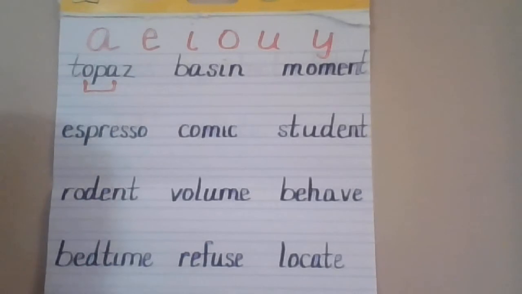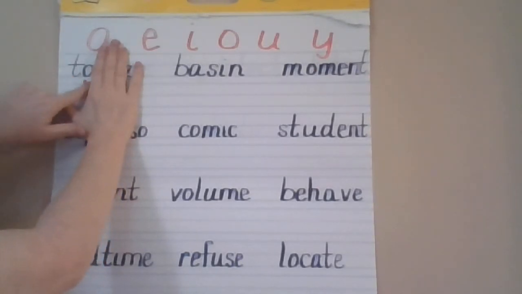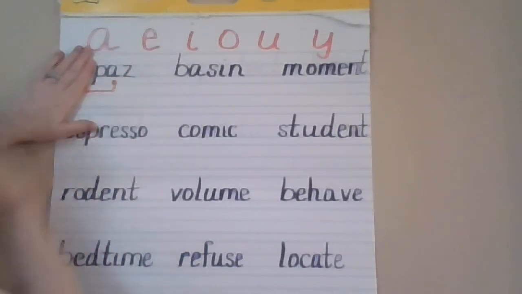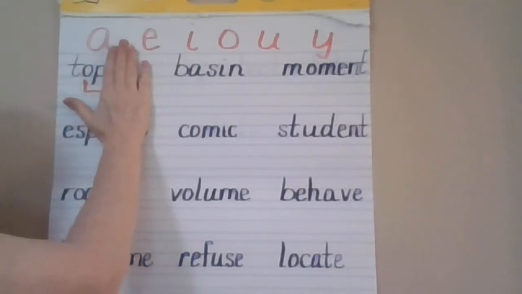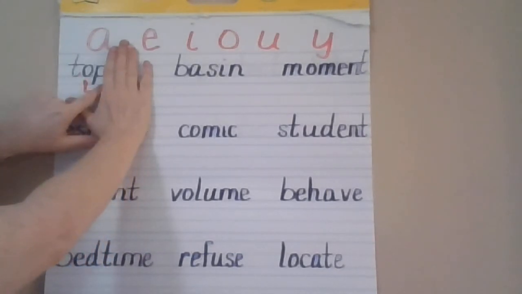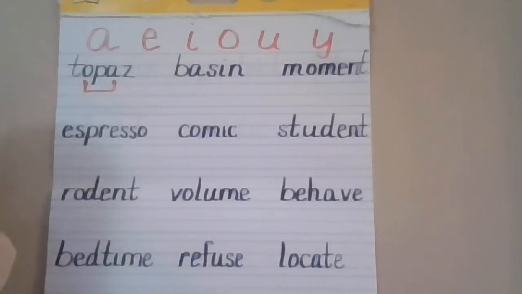So I can try it both ways if I don't know this word. I can do it as an open syllable, and this would be toe, t-o, paz. So that word would be topaz, or I can try dividing it after the consonant and making it closed, which would be top, as, topaz.